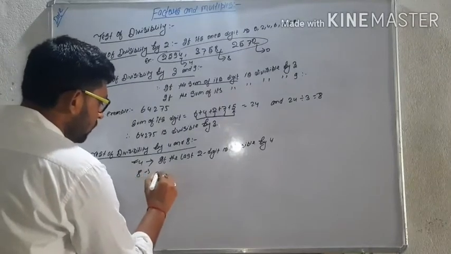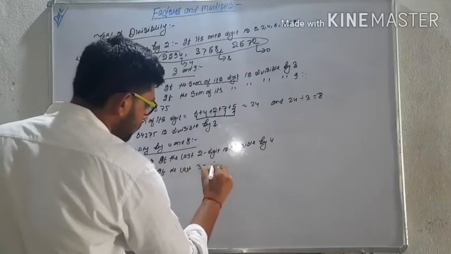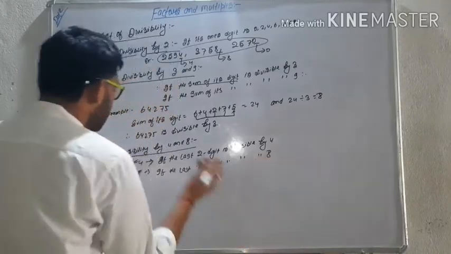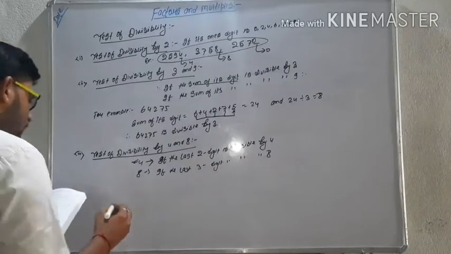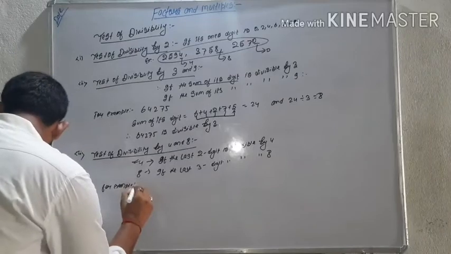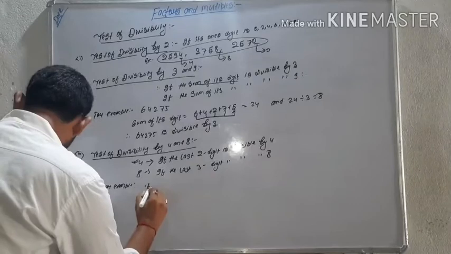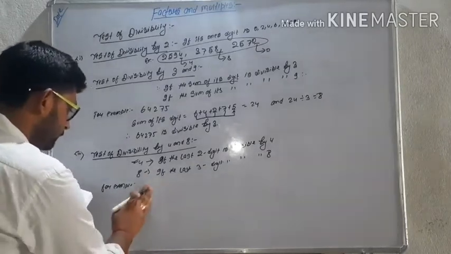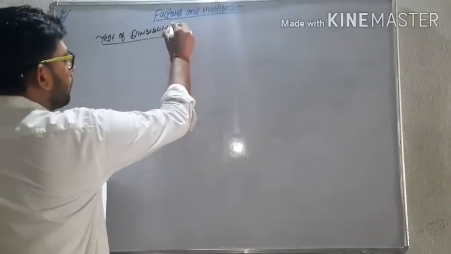And for 8, if the last three digits are divisible by 8, then the whole number is divisible by 8. Now, as for example.